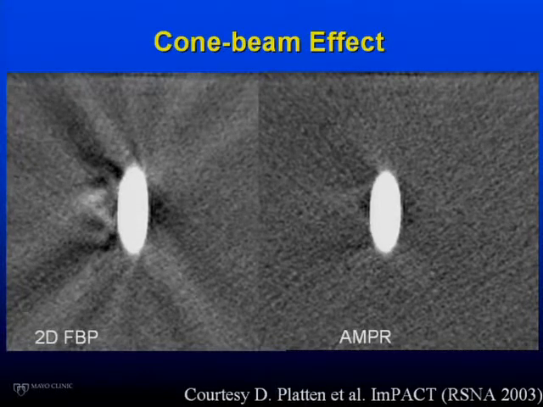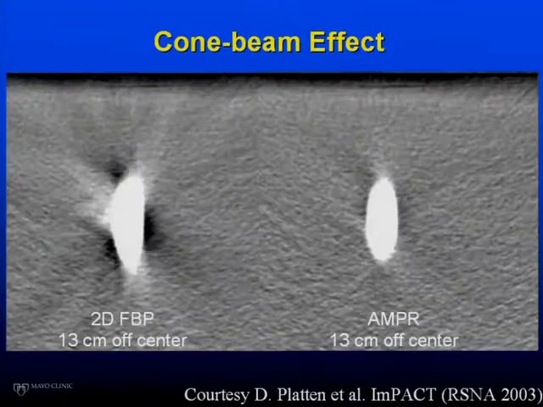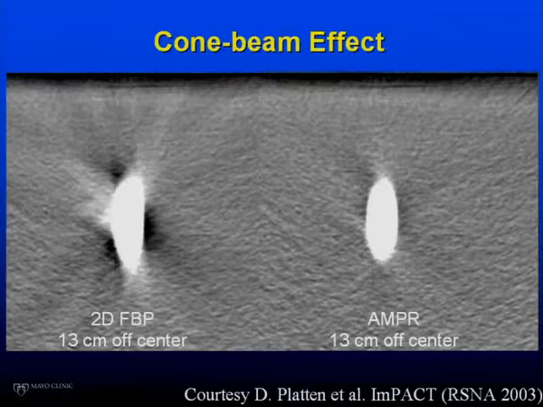To the left is a standard 2D FBP method, and to the right is the AMPR method that takes into account the small cone angle effect. And here are the images for the off-center location. You can see the significant improvement of the cone beam artifact by using the AMPR method that takes into account the cone angle effect.